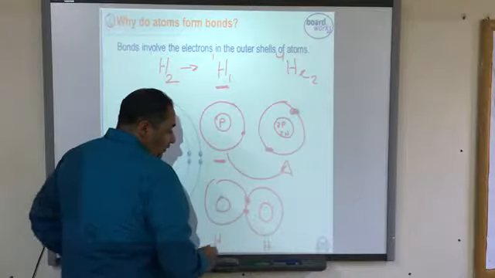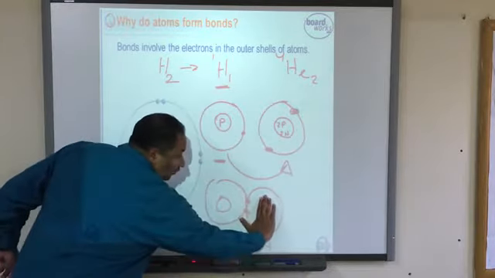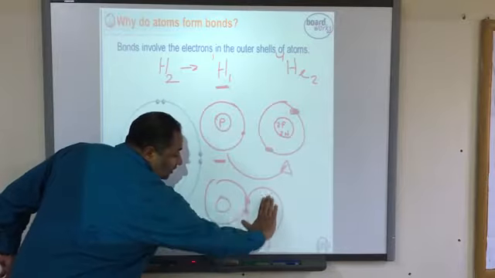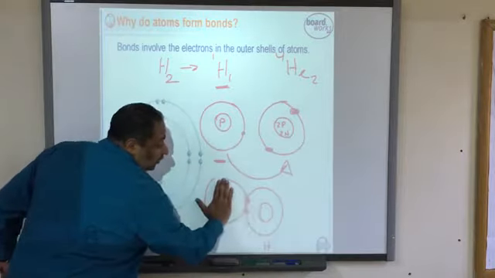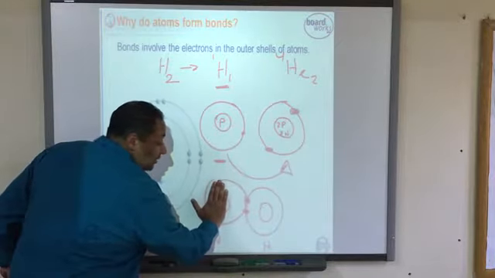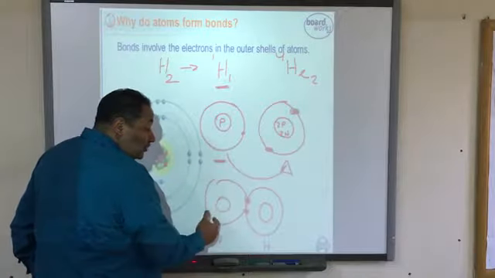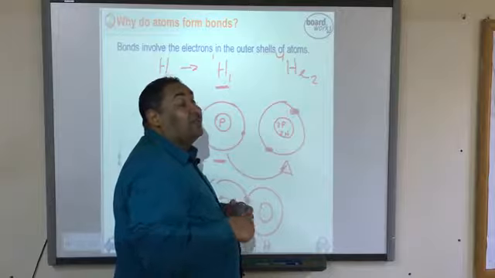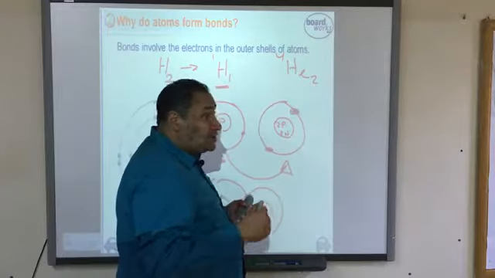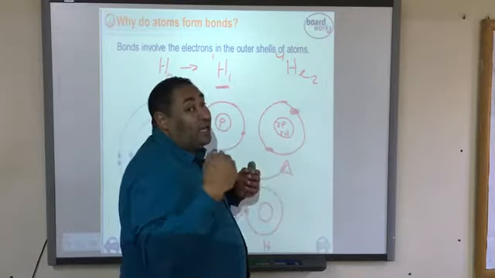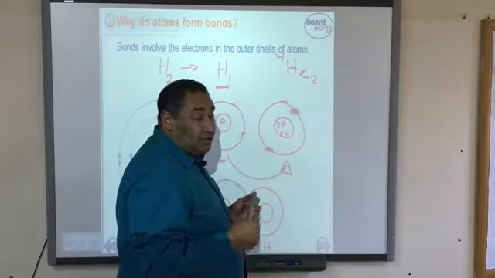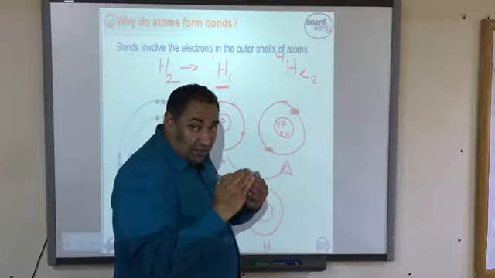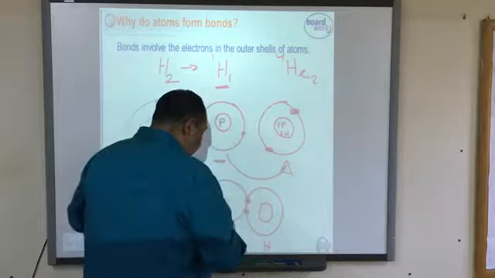If you cover this, the hydrogen on the left-hand side has 2 electrons. And if you cover this, the one on the right-hand side also has 2 electrons. So by sharing, they have the structure of the nearest inert gas, and all noble gases have the perfect structure.